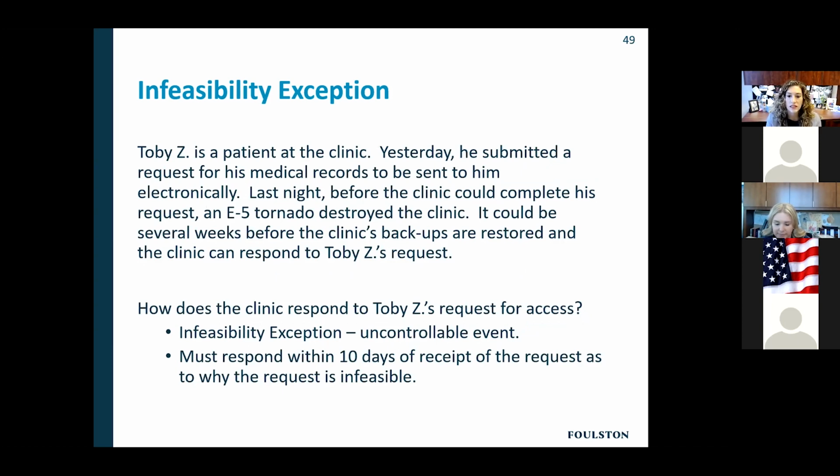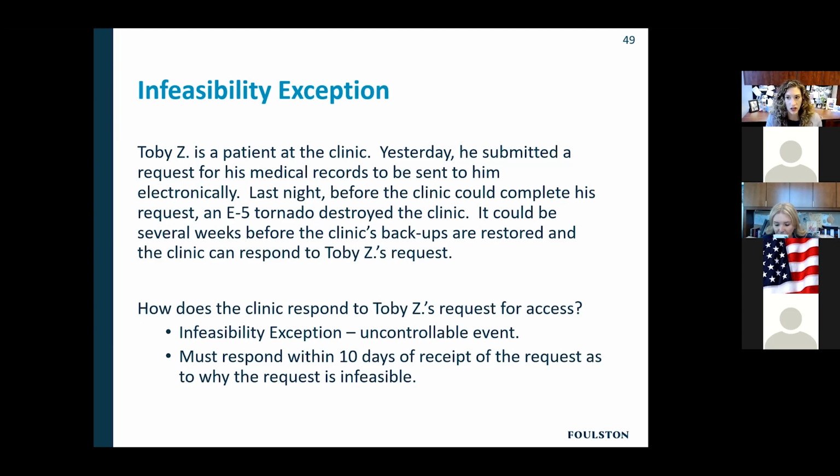Well, this is an example, of course, of the infeasibility exception, the uncontrollable event, the weather or natural disaster. To the extent the clinic is available or capable, they should respond within 10 days of the receipt of the request, explaining, hey, E5 tornado destroyed our computers.